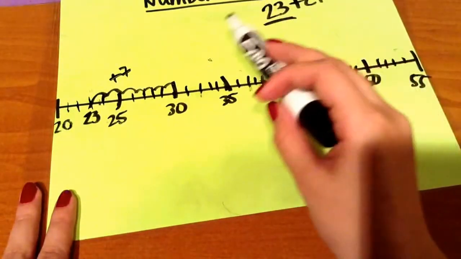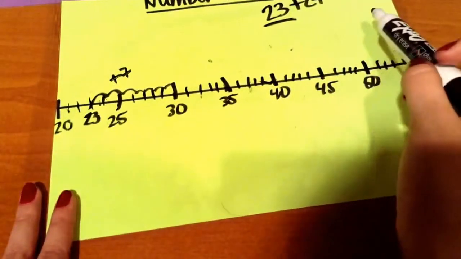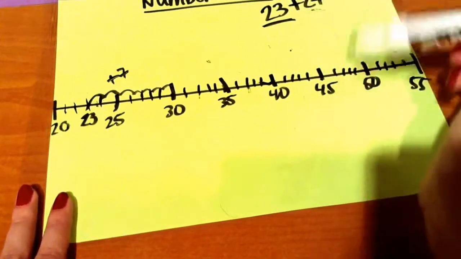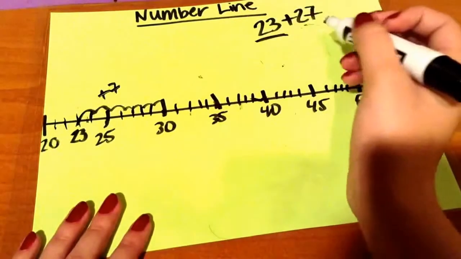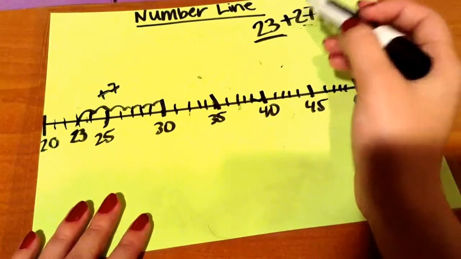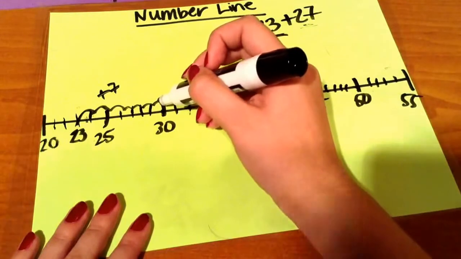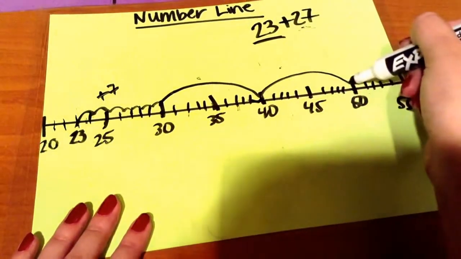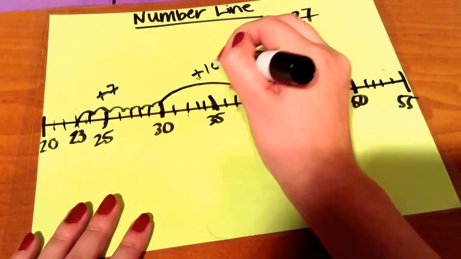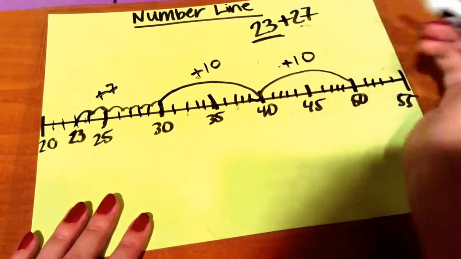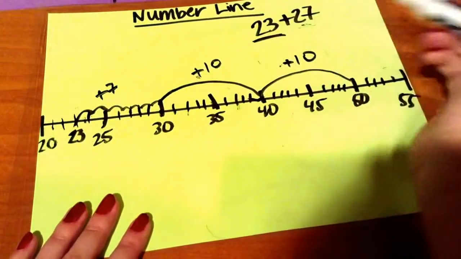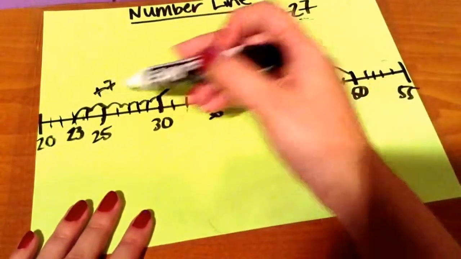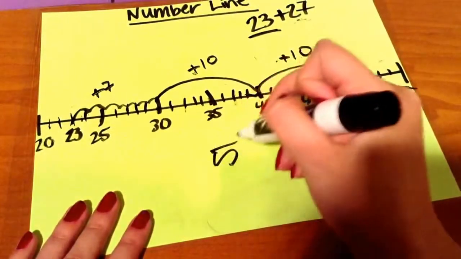It's easier to jump 10s places when we only have to use the 10s place. So looking at this, I would have to jump 10 twice from 30. So I'd go 1, 2. This equals plus 10, plus 10. And in total, it would be 27. So starting at 23, plus 27, would get me 50.